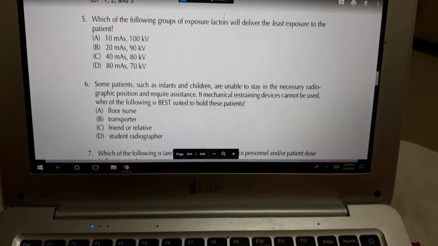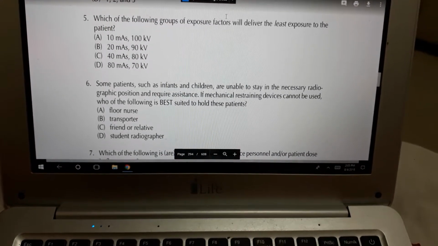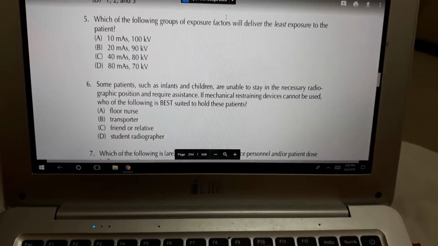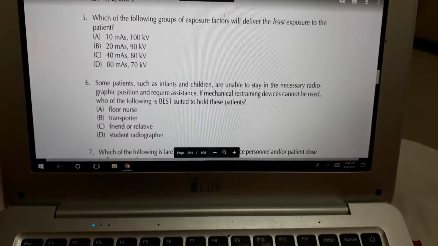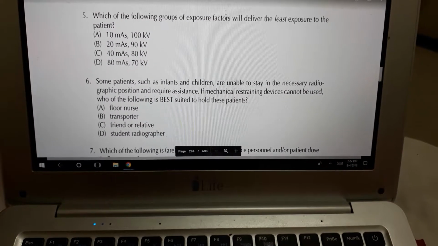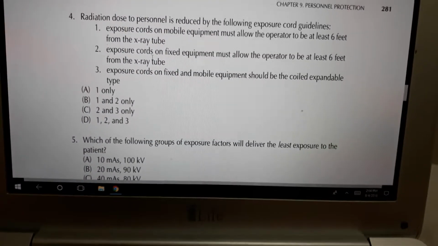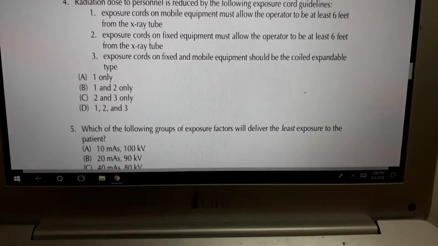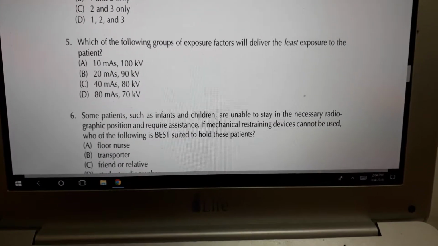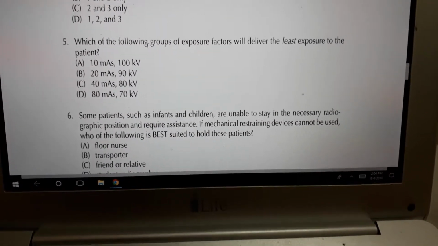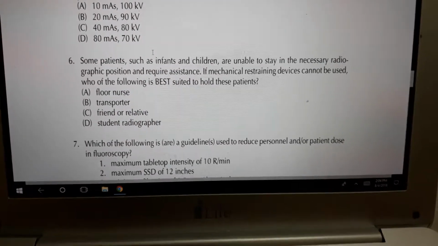Mechanical restraining devices cannot be used. Who of the following is best suited to hold these patients? The answer is friend or relative, C. The answer of the fourth question is A. The answer of the fifth question is A. The answer of the sixth question is C.